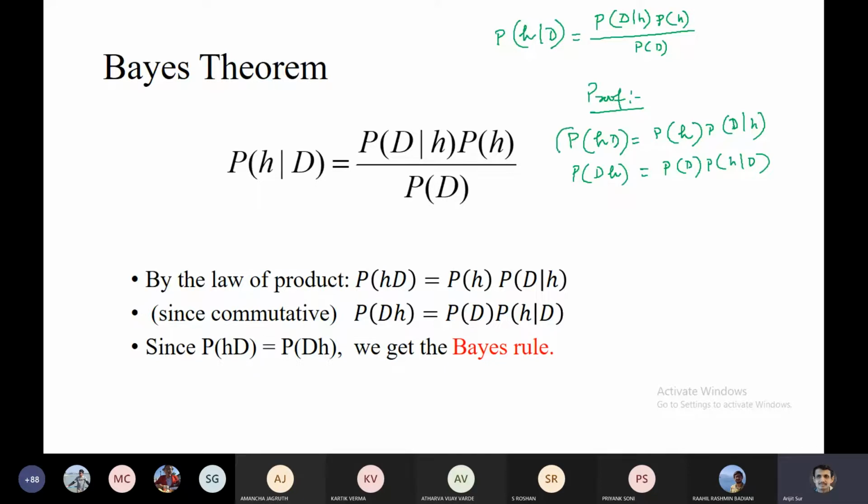And you can see these two things are basically the same. These two are equal, so we can write P of H given D, this fellow, is basically equal to P of D given H, times P of H, divided by P of D. So this is exactly the proof of this particular Bayes theorem.